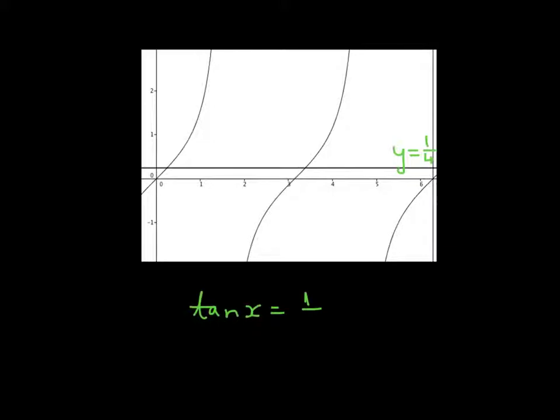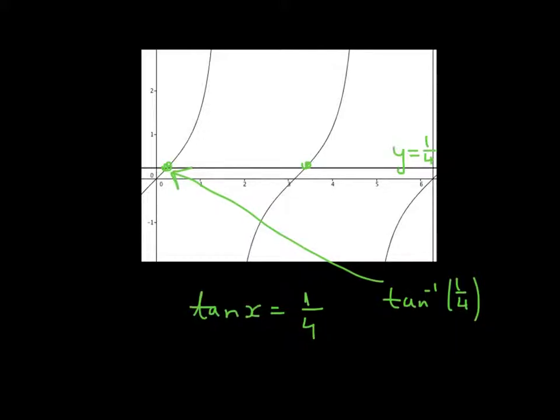At the intersection points. So this will be one solution, this will be the second solution. Now, how do I get the values? Remember that your calculator, if you press tan minus 1 of 1 over 4, will give you an answer only between minus 90 degrees and 90 degrees. So practically it will be that solution here.